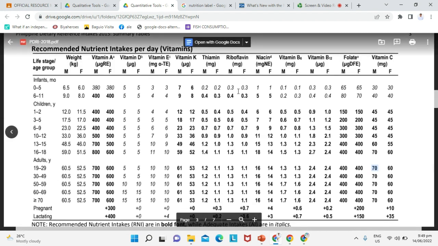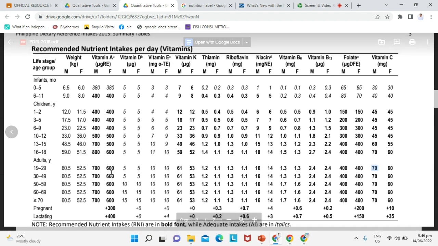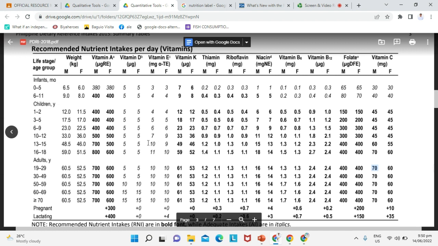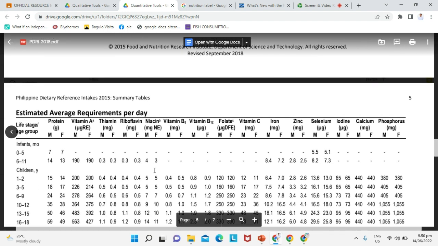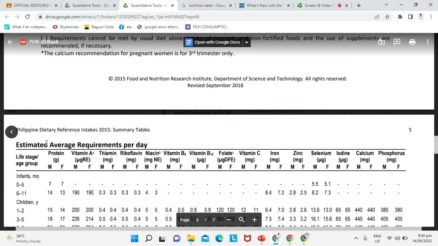For vitamins, mao ni minimum ni siya nga requirements guys. Therefore, pwede ta mo lapas gamay but dili ta pwede mumubo ani nga mga values. Okay. For minerals na asad ni. Next is EAR or Estimated Average Requirements.